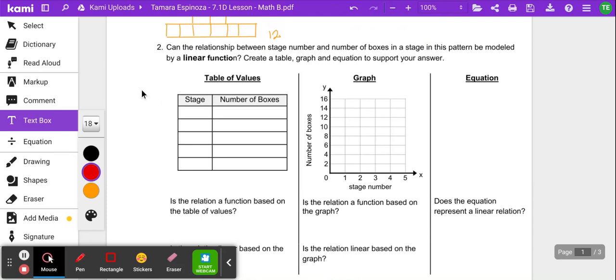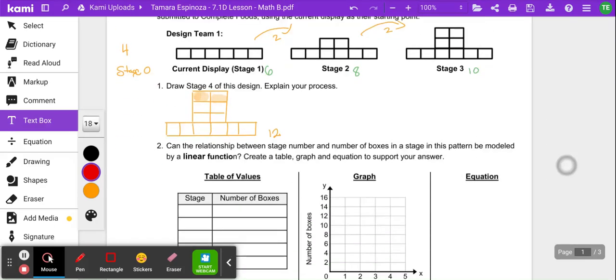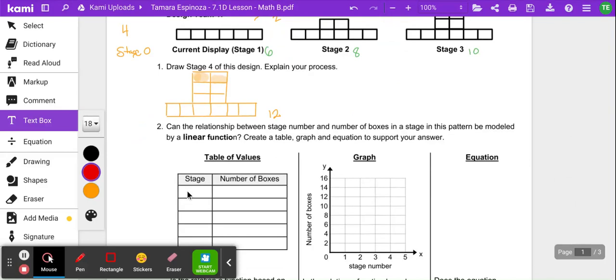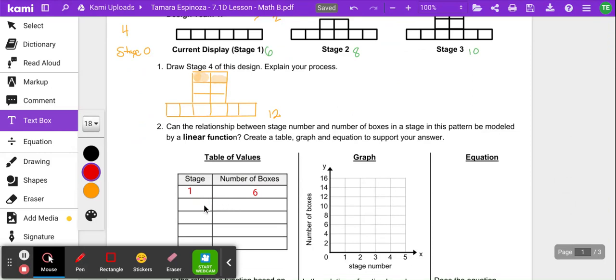Okay, so here we're recording. And remember, I didn't draw stage 0. I talked about stage 0, but on our table, we're just doing what they had. So in stage 1, there were 6. In stage 2, there were 8, and so on.